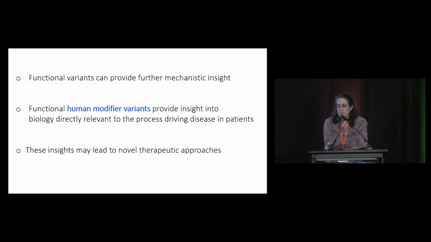The other important thing, of course, is thinking about the human modifier variants, because that can tell us about some biology which is directly relevant to what's going on in patients. And so my lab is looking at some of these variants. The easiest ones are the ones that alter amino acid sequences, so that they're relatively tractable to understand.